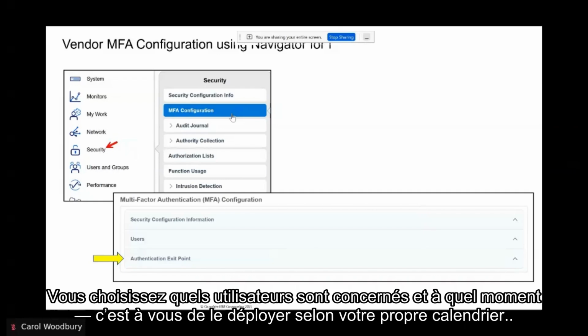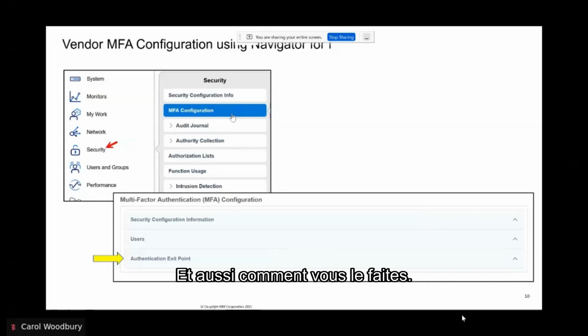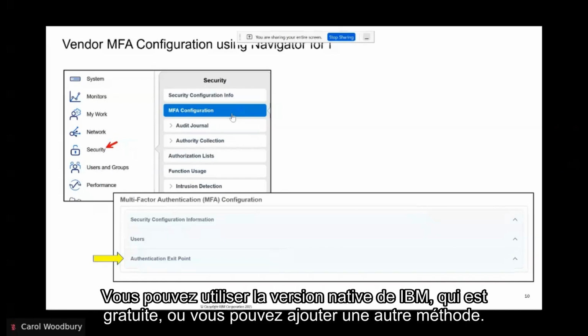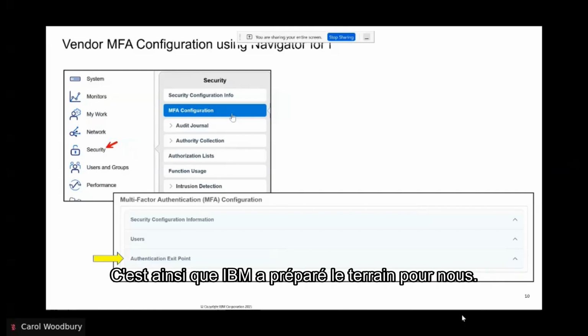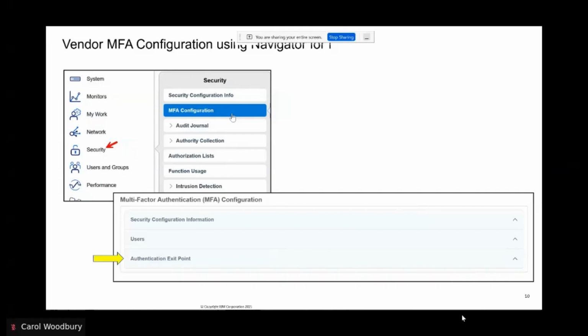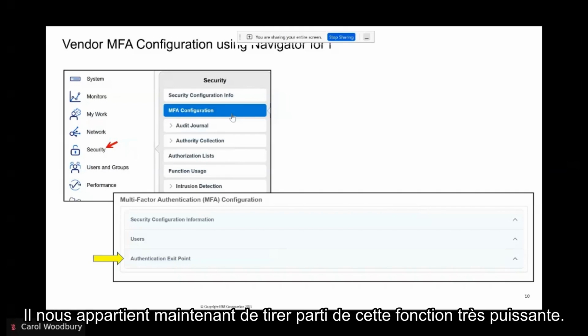It allows you to roll it out in your time frame. And also how you do it. You can use the native IBM, again, which is free, or you can add on a different method. And so IBM has laid the groundwork for us. It is now up to us to take advantage of that very powerful feature.